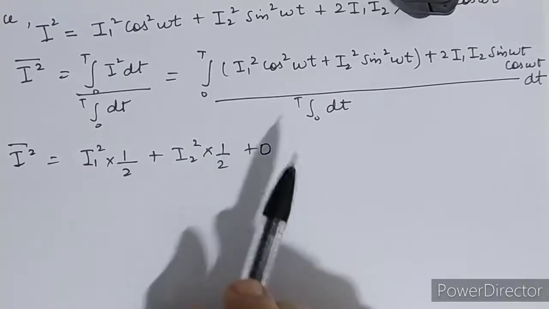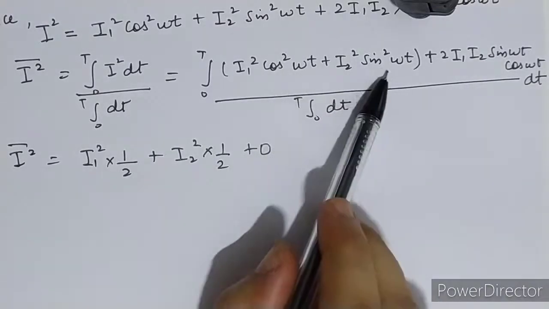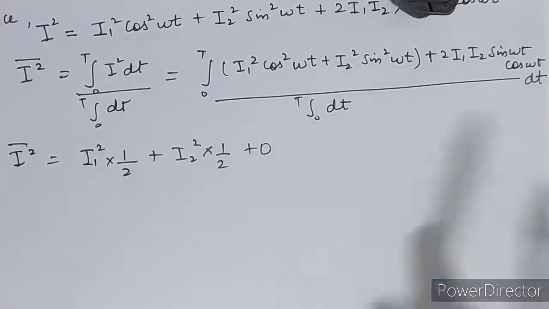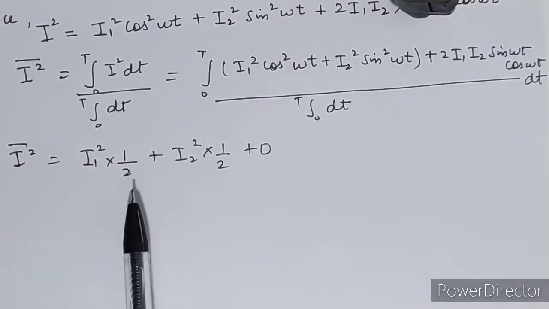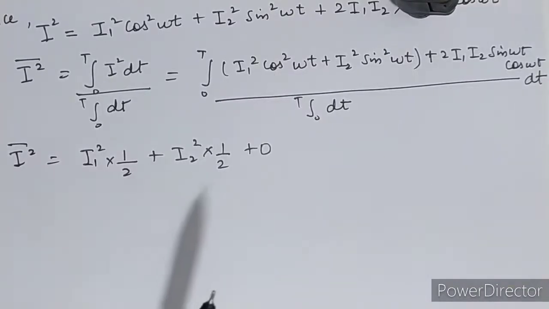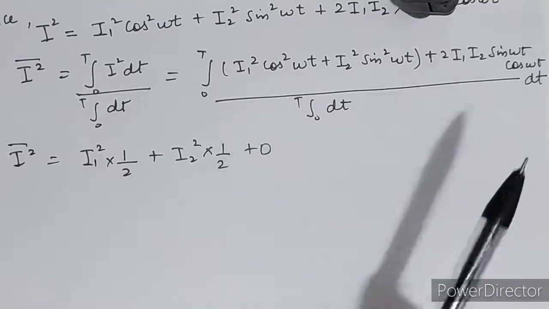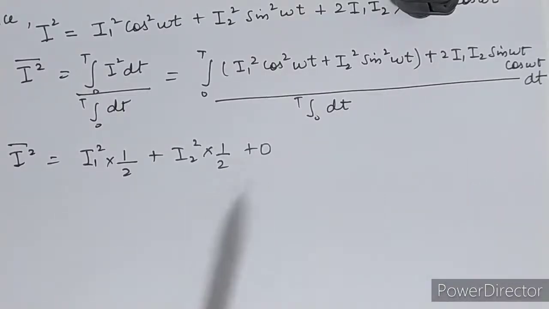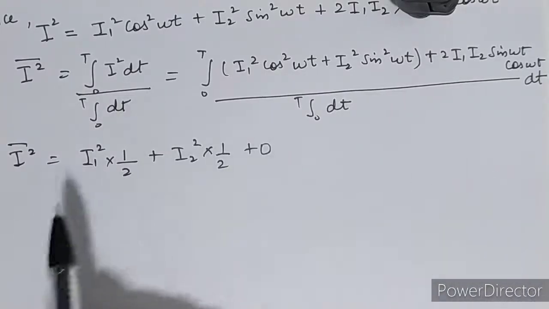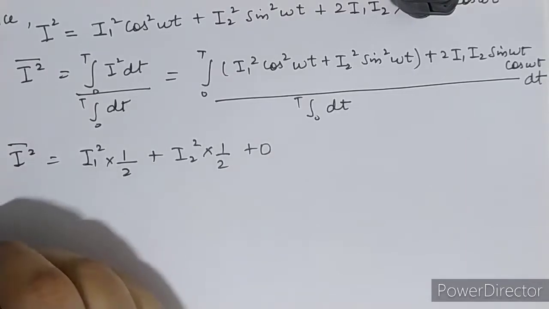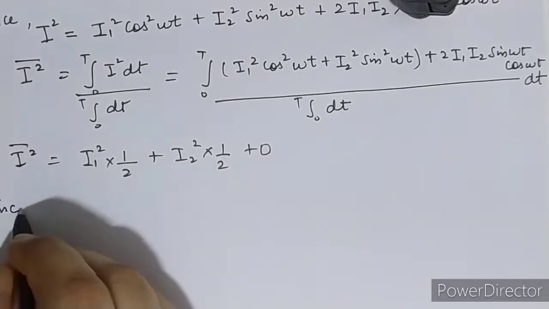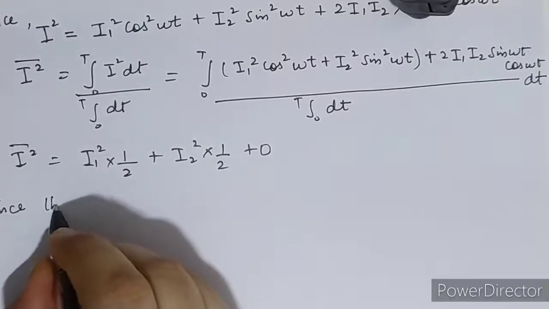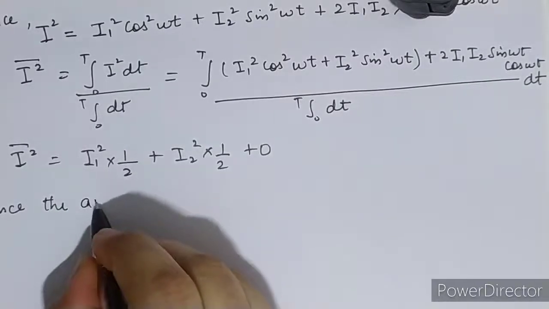The average value of sin square omega t and cos square omega t is always 1 by 2 for a complete cycle, and for sin 2 omega t it will be 0. I am writing this also. You can even try it yourself, the same value will come across to you.